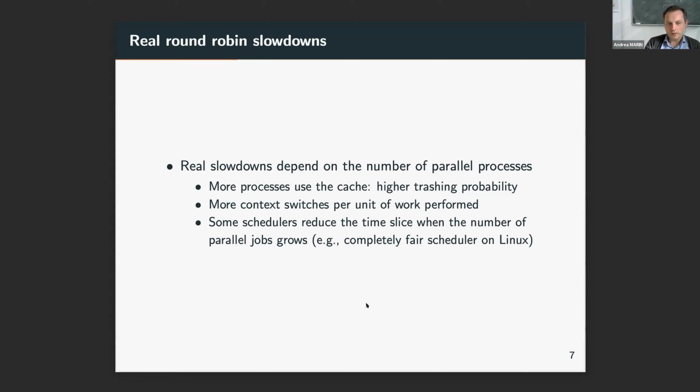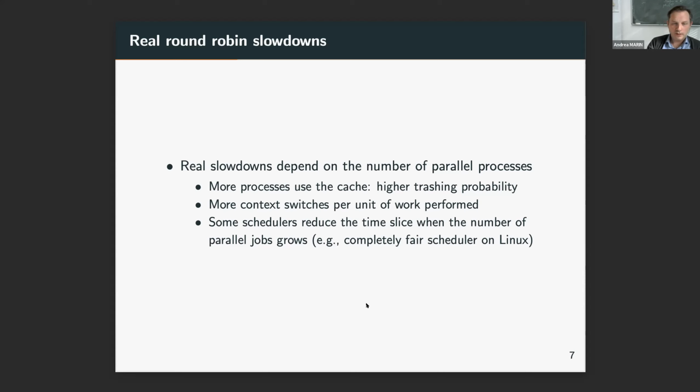Then you have another cost called the indirect cost of the context switch, which is due to the fact that you're using some resources like the cache. When you do the context switch, part of the cache usage can be trashed, not usable anymore after the restoring of the context of another process.